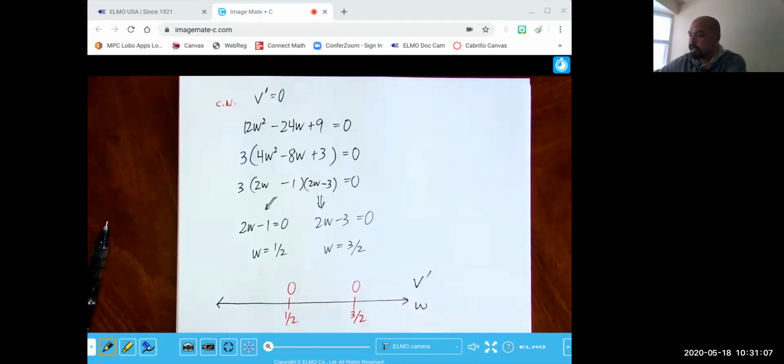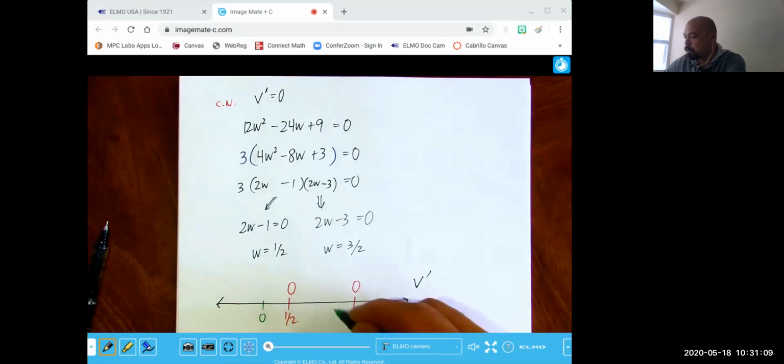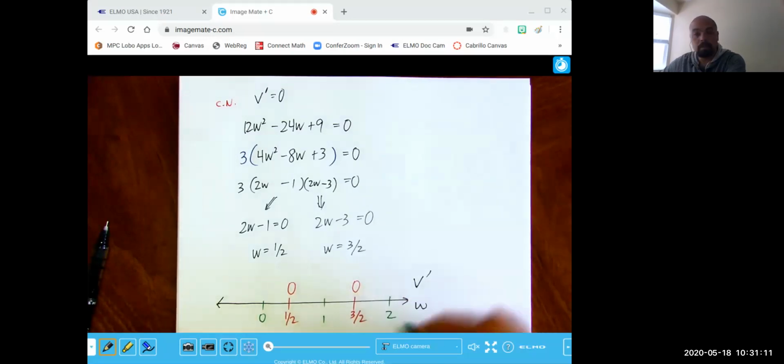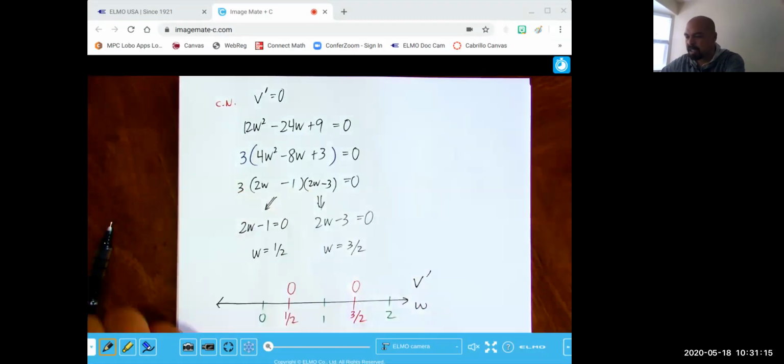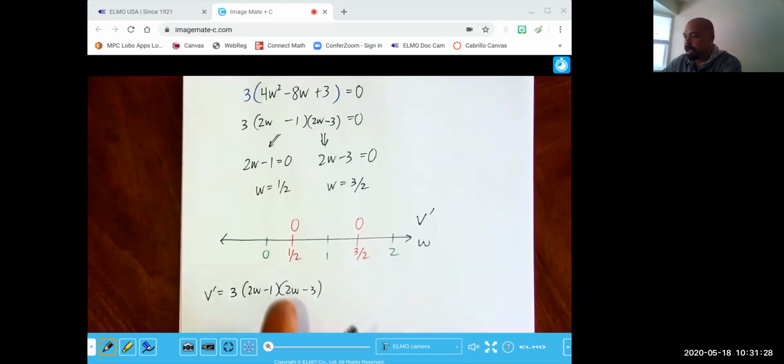Choosing some values around it: 0, 1, 2. And I'm going to plug into that factor form. Just a little bit easier to evaluate. That 3 out front isn't going to affect our sign. It's positive, right? So really it's these two factors that are going to play a role.